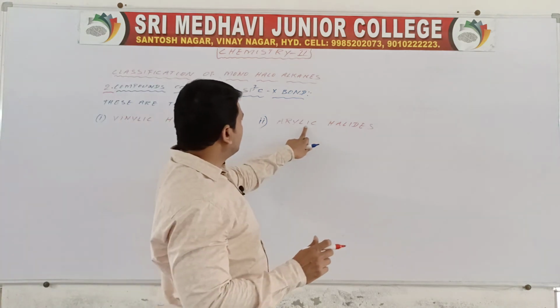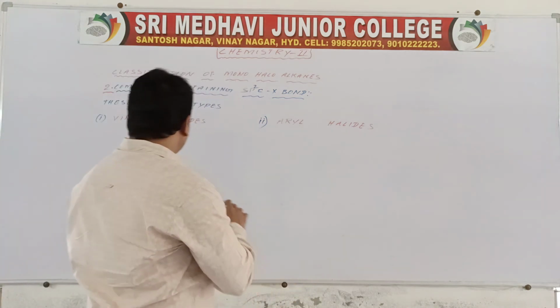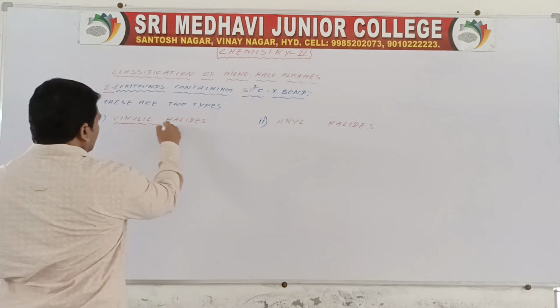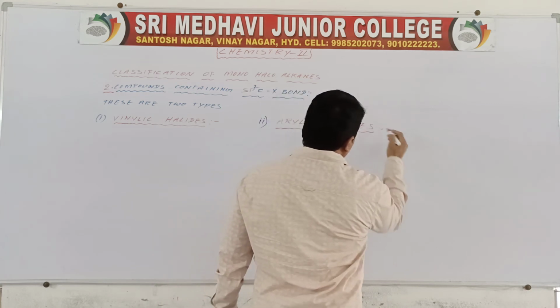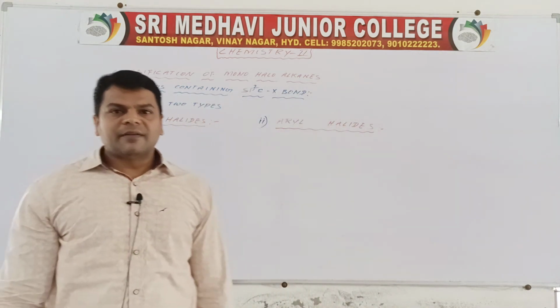Vinylic halides and aryl halides. Vinylic halides means the halogen attached carbon atom has a double bond.